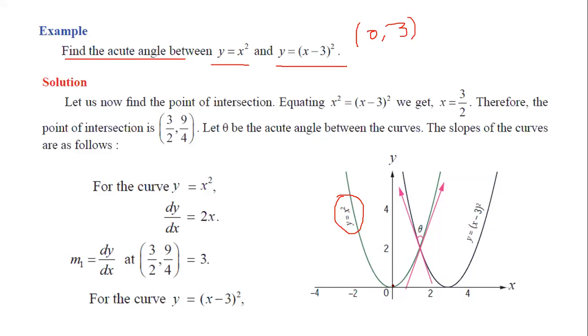See, they are shifting the center from here to here, 0 comma 3. Then the equation can be written as y equal to x minus 3 whole square.